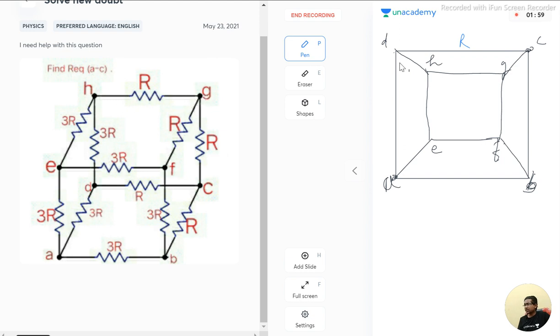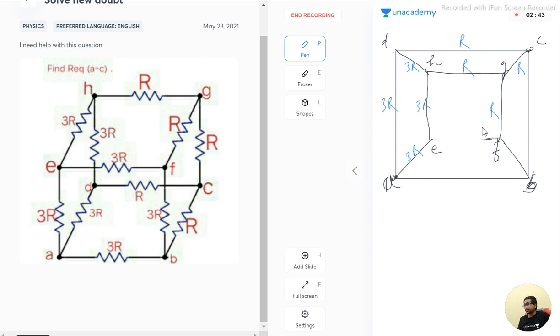Between G and H also, between H and D we have 3R, and between G and C we have R as well, and between G and F, R. And what is the resistance between E and H? Between E and H we have 3R, and between A and D we have 3R as well.